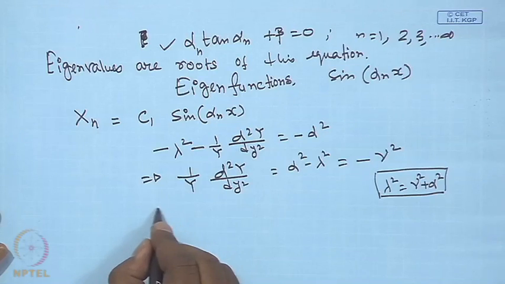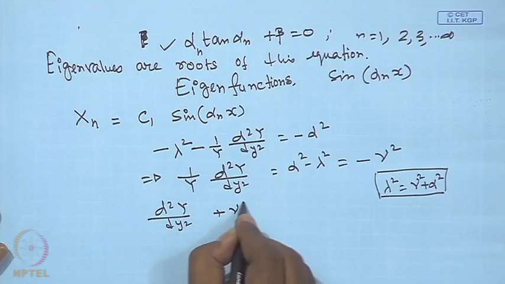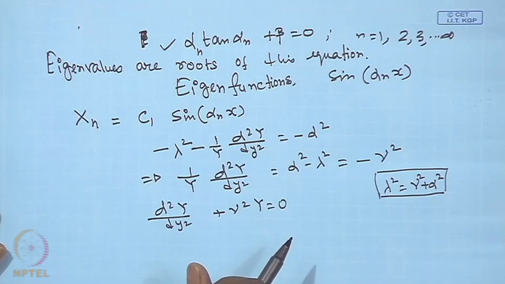So, d²Y/dy² plus nu square Y becomes 0, and if you look into the boundary conditions on y, Y must be satisfying the boundary conditions of the original problem on y.